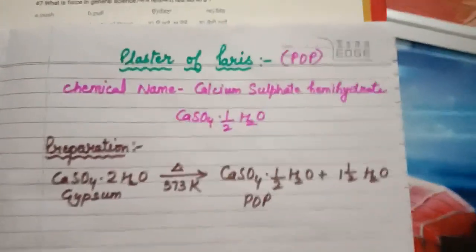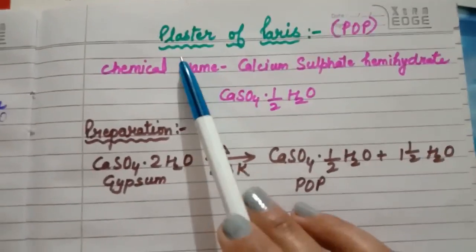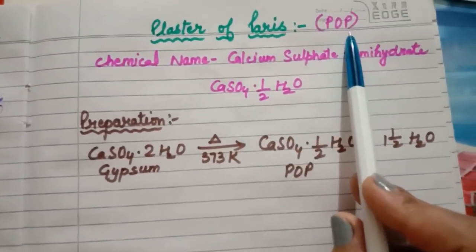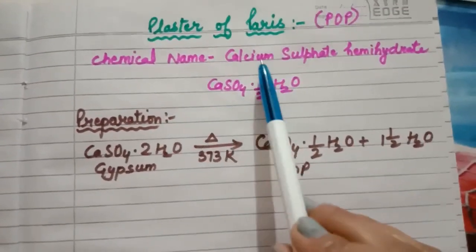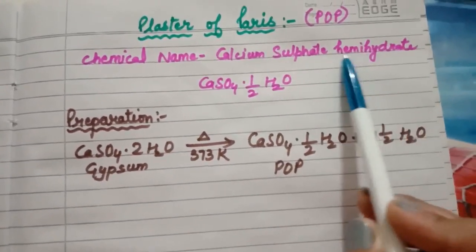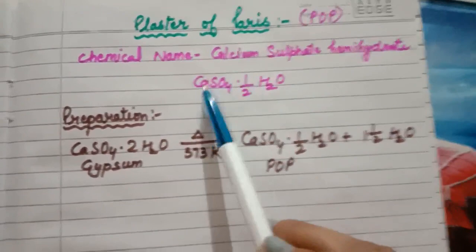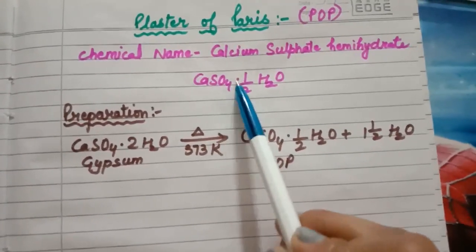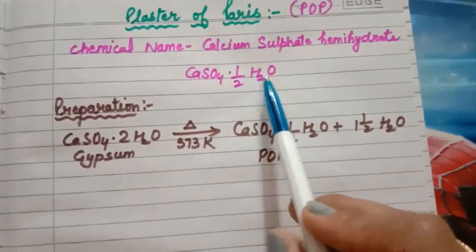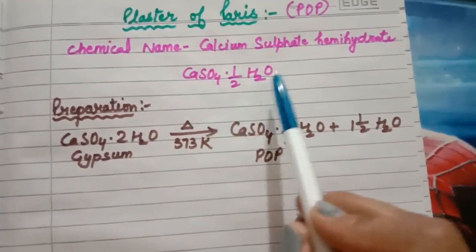Next, our last salt is plaster of Paris, also known as POP. Its chemical name is calcium sulfate hemihydrate. Hemi means half, hydrated means water. So it is CaSO4 dot half H2O.